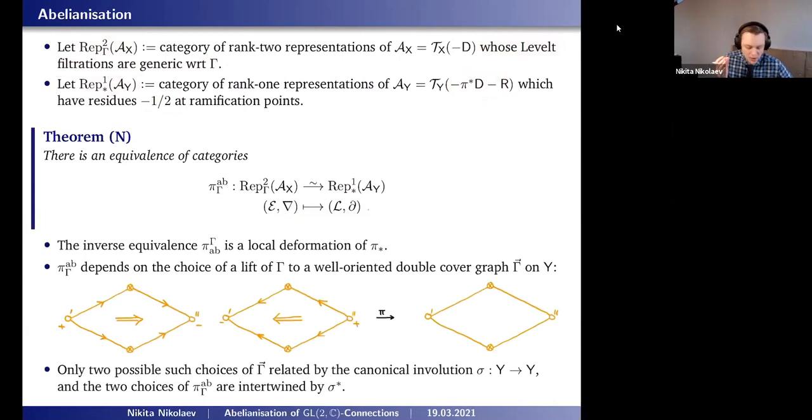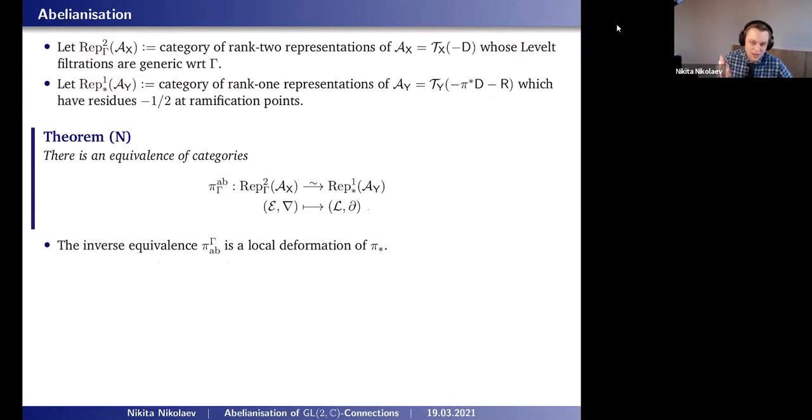The inverse equivalence is almost the push forward functor, but it's deformed in a local sense by certain canonical groupoid cocycles. You deform it to a new functor, which I call pi ab gamma, a de-abelianization functor. That one lands in the right place and actually inverts this abelianization functor.